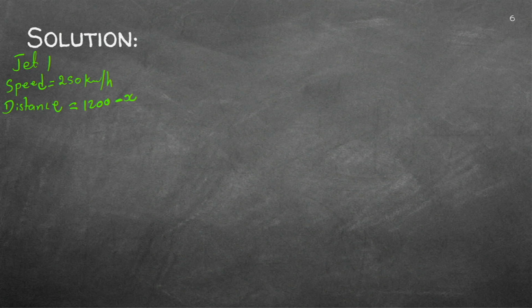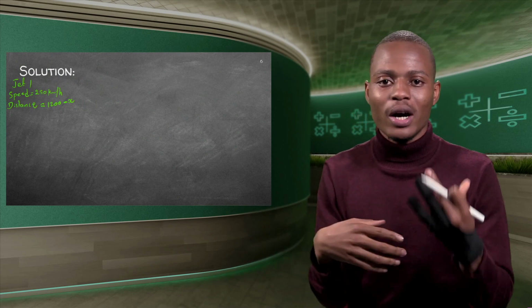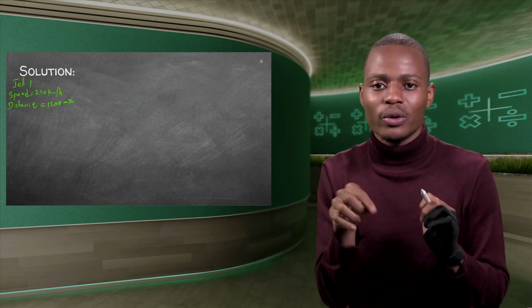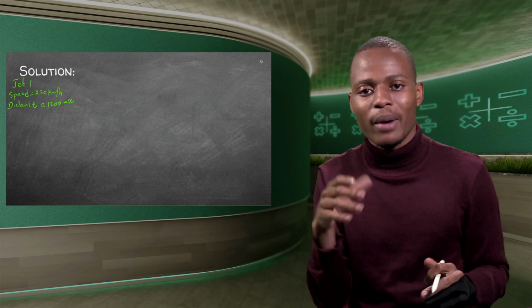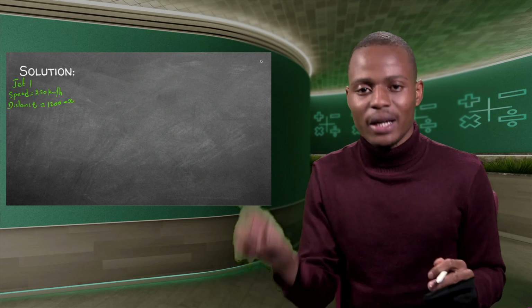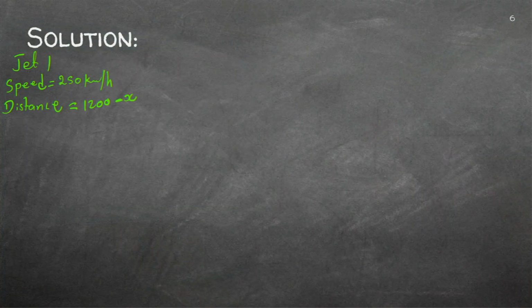The reason why I said minus x, guys, is because we don't know the position of the other aircraft. So for us to know the distance between them, we need to say 1200 minus the value of x. So x now talks about the other aircraft, and t, which is the time, is what's unknown at this point, because we don't know the time it takes, right? So t is still simply t there.